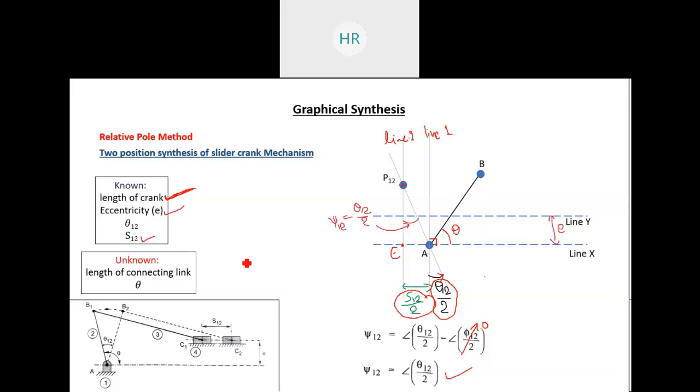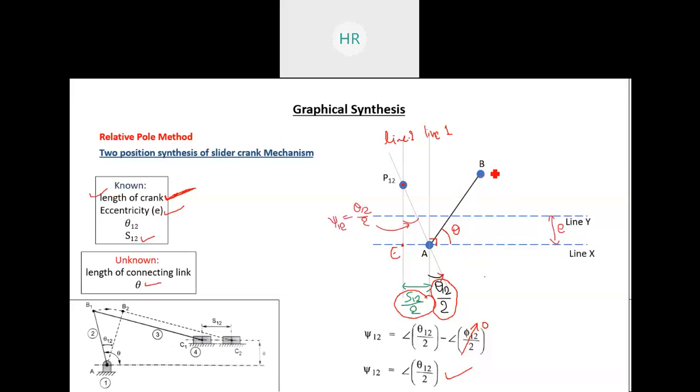You can assume this angle theta also, because it is not making any difference in the length of the mechanism. So assume an angle theta and draw a line of length equal to the length of crank and mark point B.